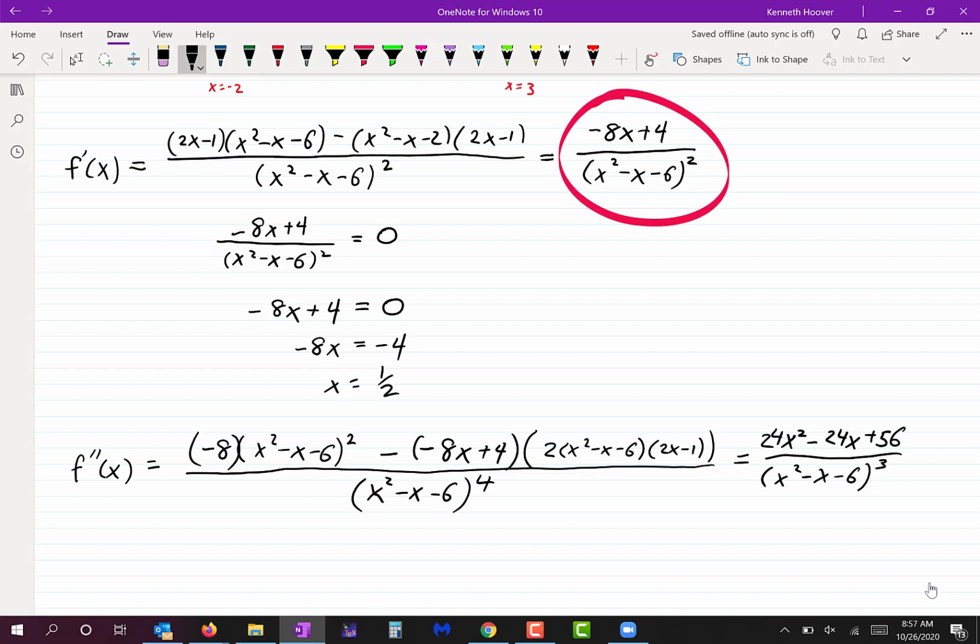I'm trying to find out what kind of extrema this is, a maximum or a minimum. So I plug it into the second derivative and ask, what's f double prime of 1/2? And remember, I don't actually care what the answer is. I only care about whether it is a positive number or a negative number.